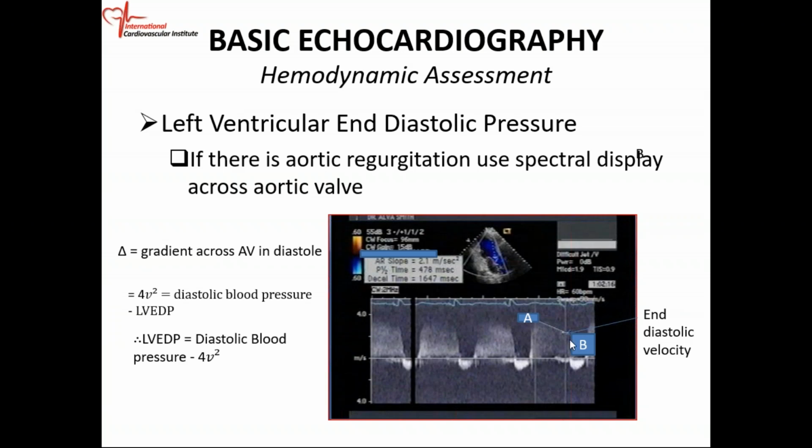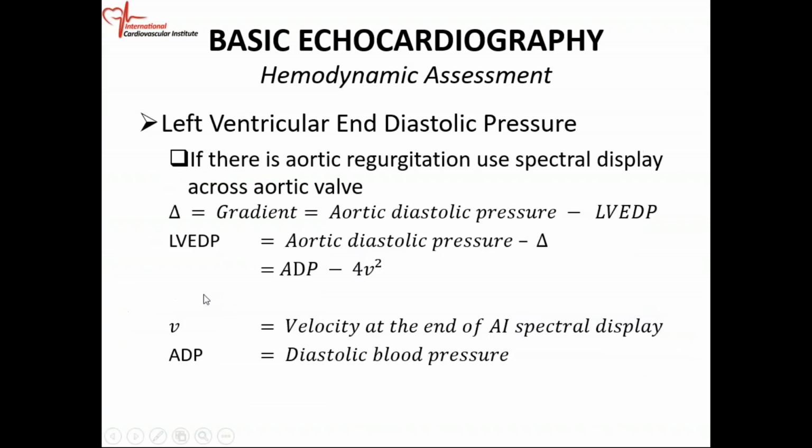So let's go back to the original equation. The gradient is equal to the aortic diastolic pressure, because blood is flowing in the opposite direction, minus the left ventricular end diastolic pressure.